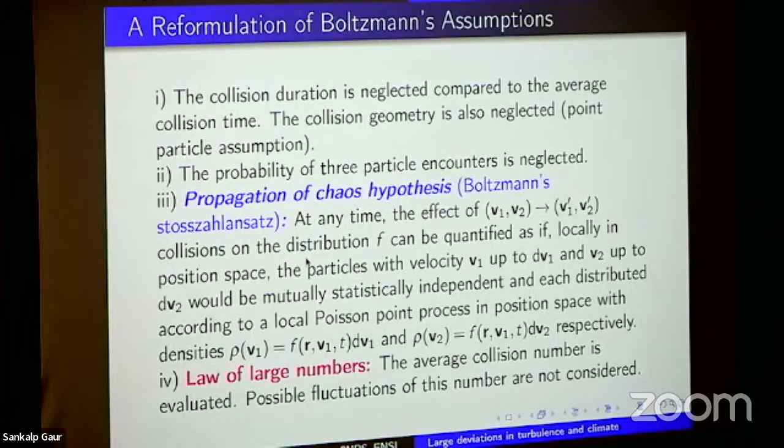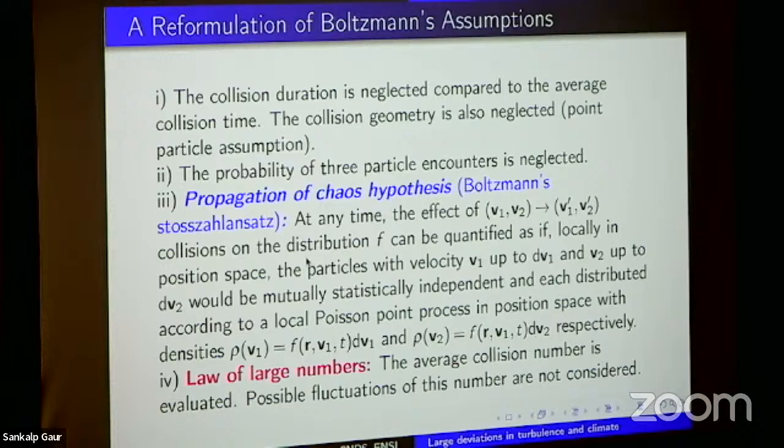So what were the hypotheses of Boltzmann to get the collision kernel I wrote before? Basically, you have assumed that the collision duration is neglected compared to the average collision time, the average time between two collisions. The collision geometry is also neglected, just like point particles.